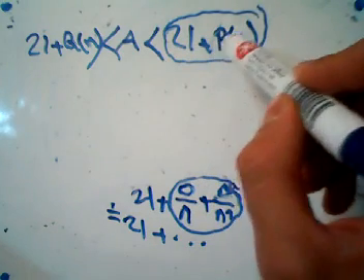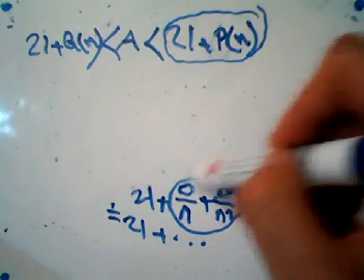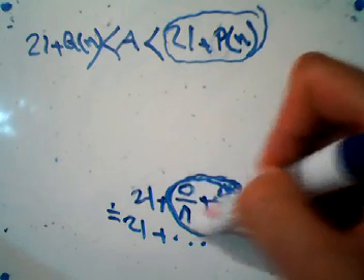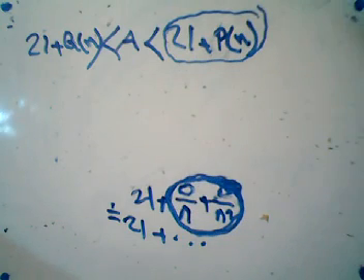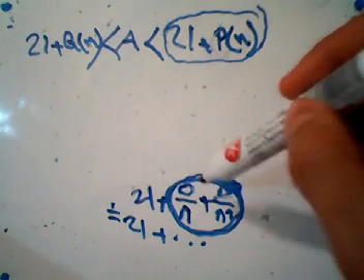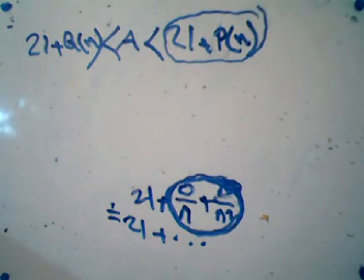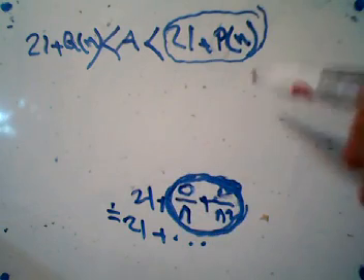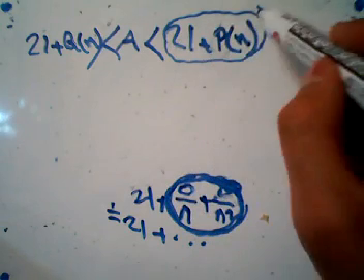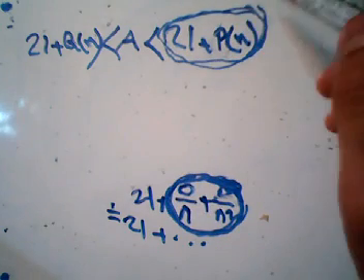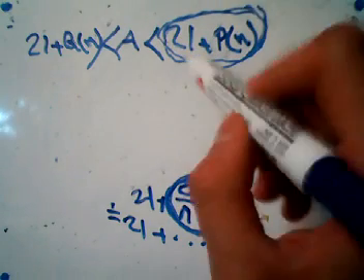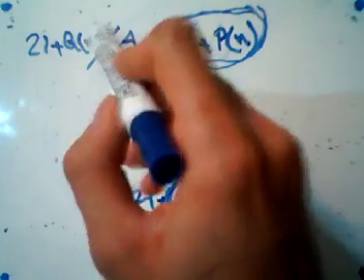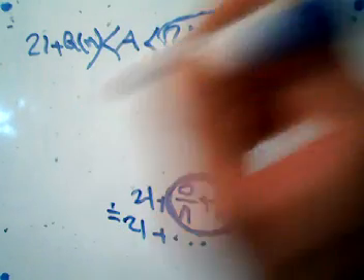It would be 21 plus 0, because here the terms containing n are in the denominators. So their limit as n goes to infinity is 0, and the limit of this as n goes to infinity is 21, and the limit of this also equals 21.